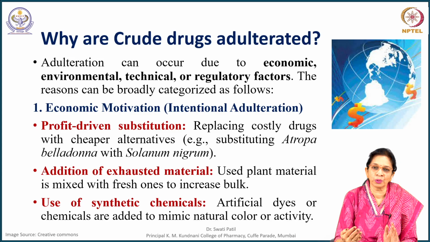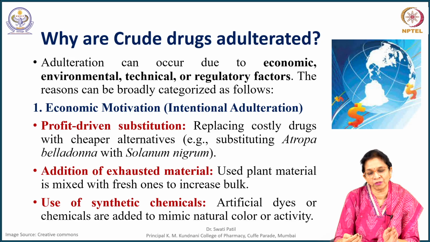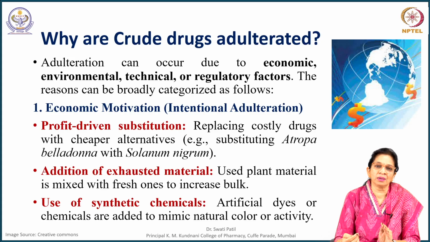Because saffron grows in a particular geographical area, it is not possible for everybody to grow, and because there is a big demand for saffron in the cosmetic industry or in many nutraceutical and wellness products, this drug is often adulterated. Saffron is the stigma of a flower.